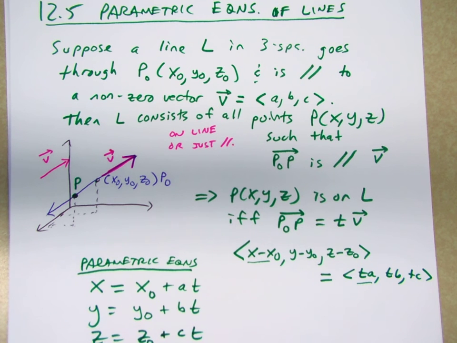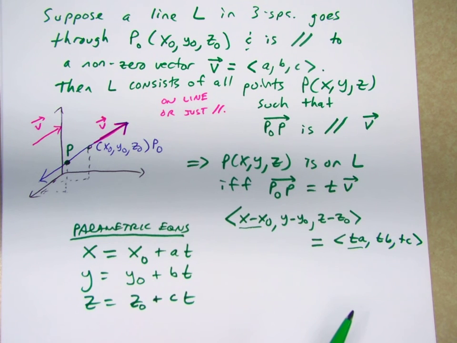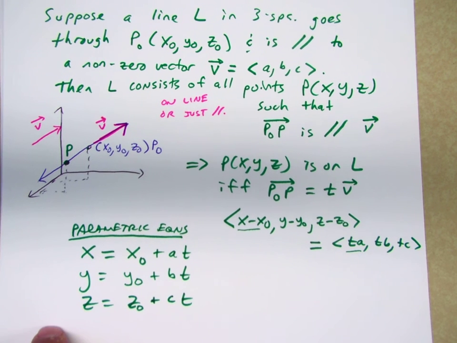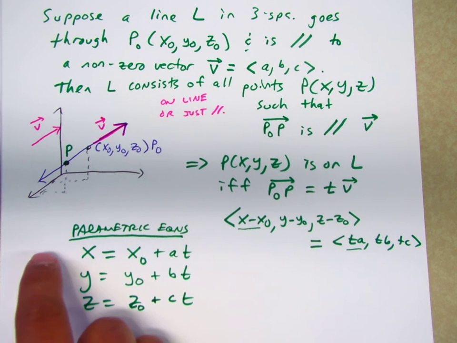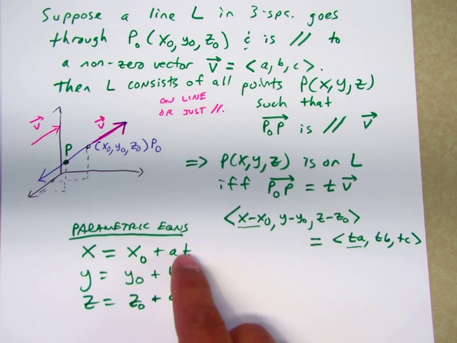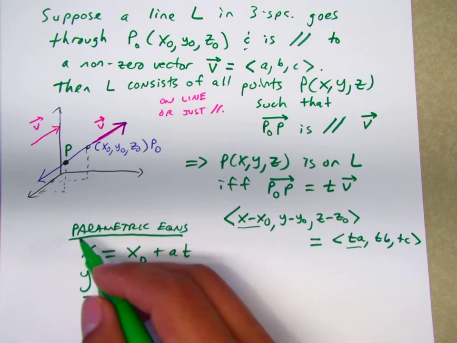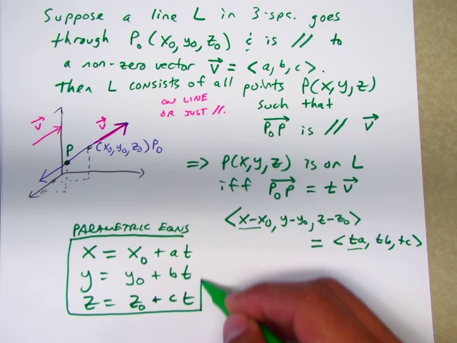And this is your parametric definition for lines. When they're written in this format, we get a specific coordinate just for x, just for y, just for z, depending on the t parameter. So make sure you remember these, and we'll use them here in a moment.